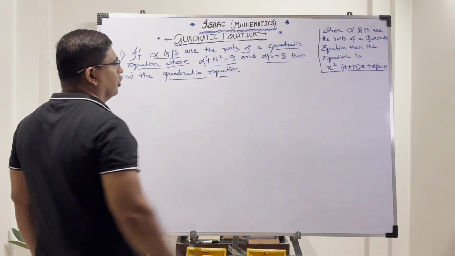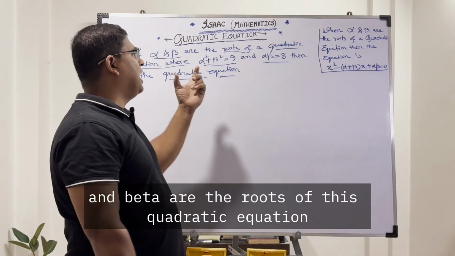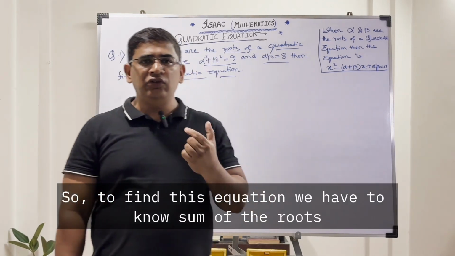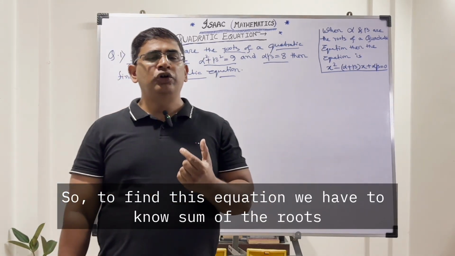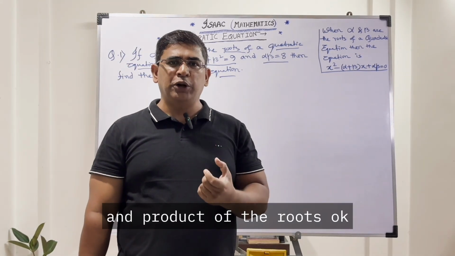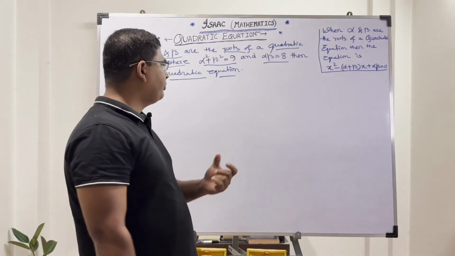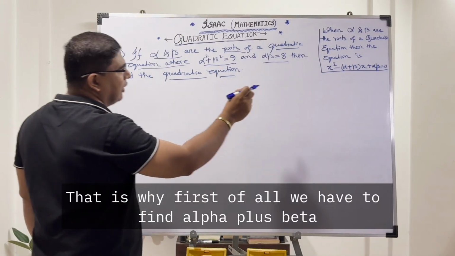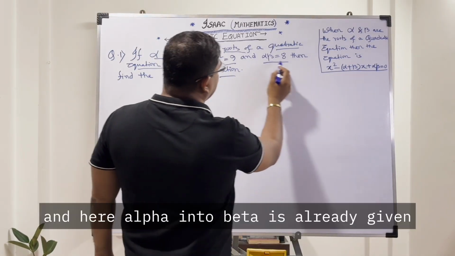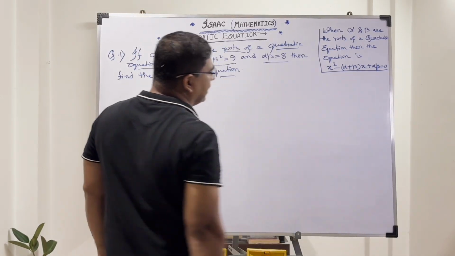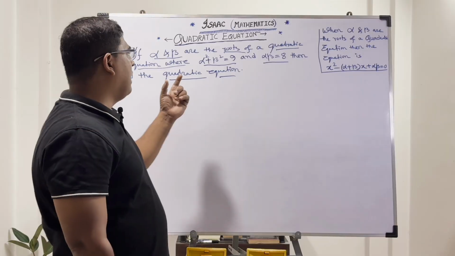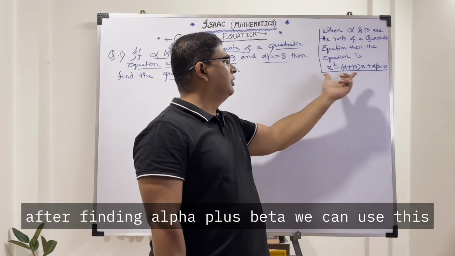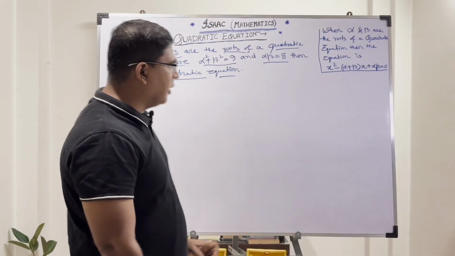Since alpha and beta are the roots, to find this equation we have to know the sum of the roots and product of the roots. First of all we have to find alpha plus beta, and alpha into beta is already given. After finding alpha plus beta, we can use this formula.